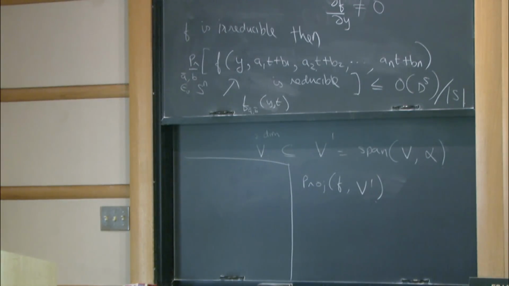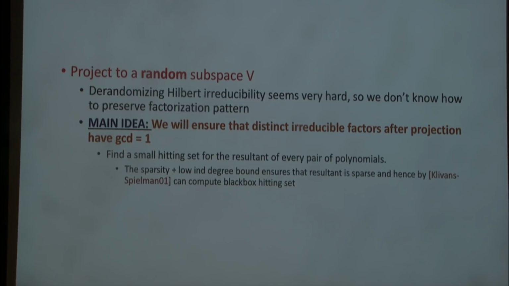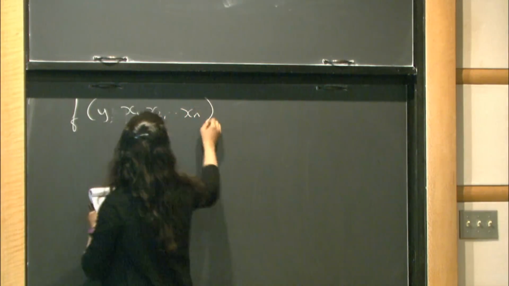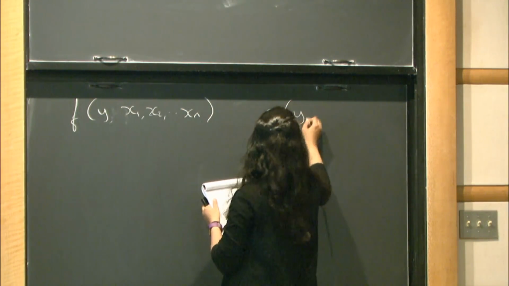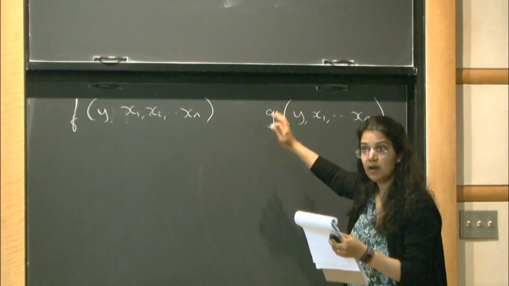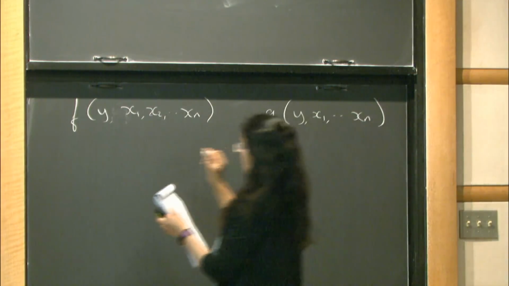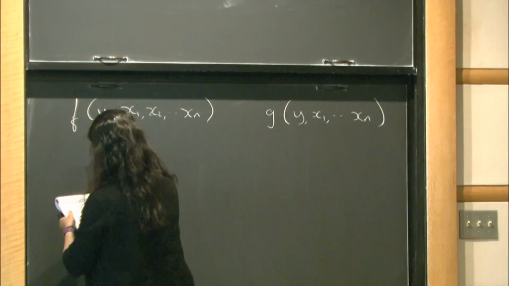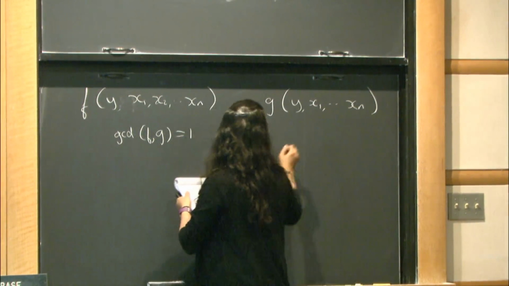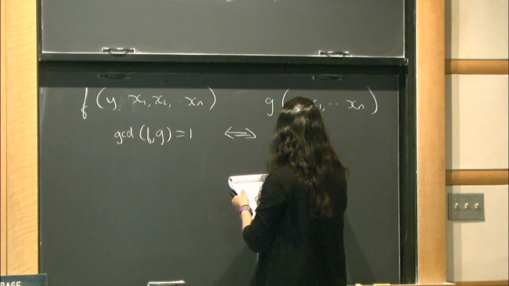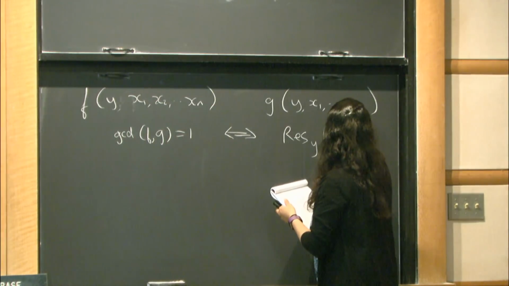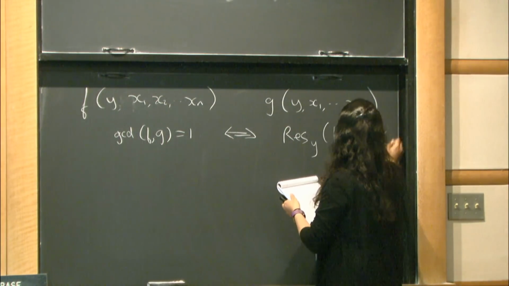So you have a polynomial f. If two polynomials are sparse with small individual degree, then the GCD of f and g is 1 if and only if the resultant with respect to the variable y of these two polynomials is not identically 0.